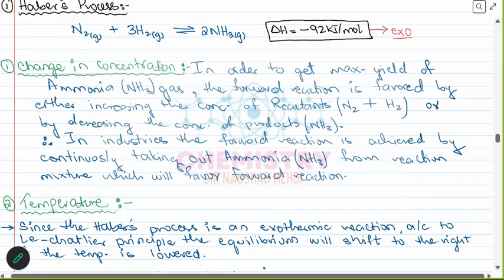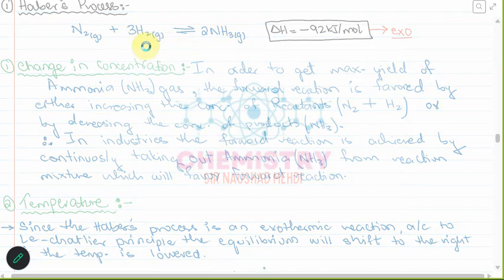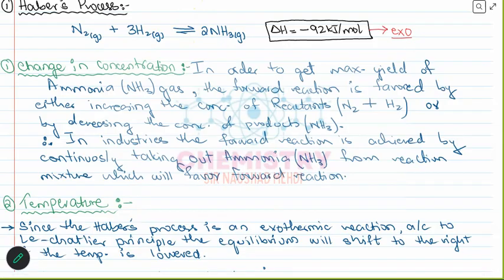Okay. So for exothermic reaction, what temperature should we use? Should we increase the temperature? Should we decrease the temperature to bring this reaction in the forward direction? Because we want forward direction, we want more and more ammonia gas. So what temperature should I keep? Okay, good.